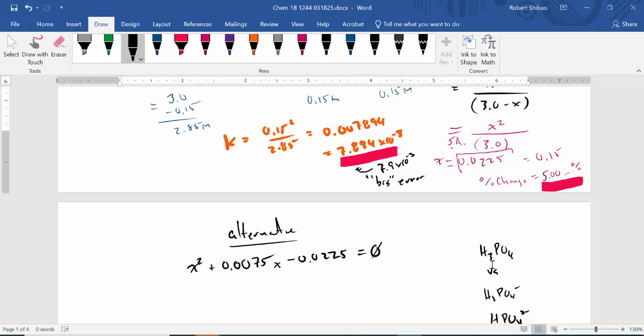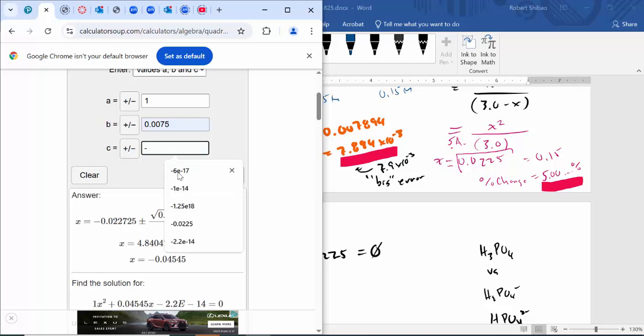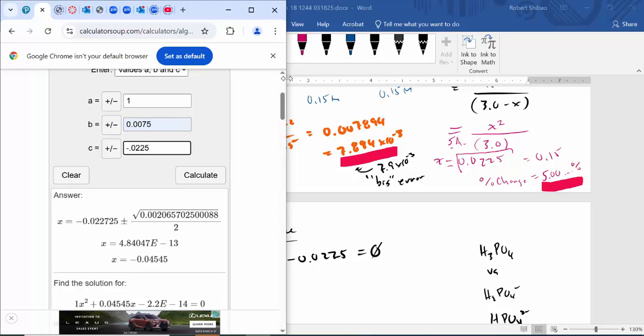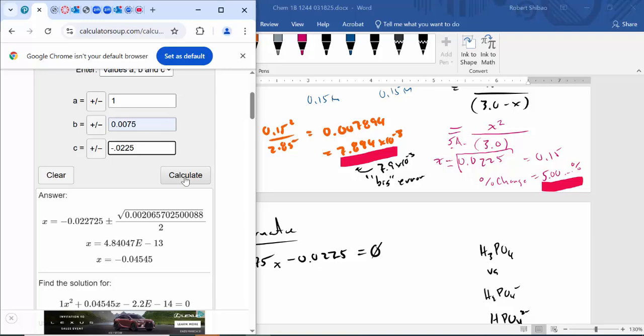Okay, then I'll get my quadratic solver and just plug in the numbers. B was 0.0075, and C was negative 0.0225. At least I think. I need to scroll this over a little bit. And then let's calculate it.